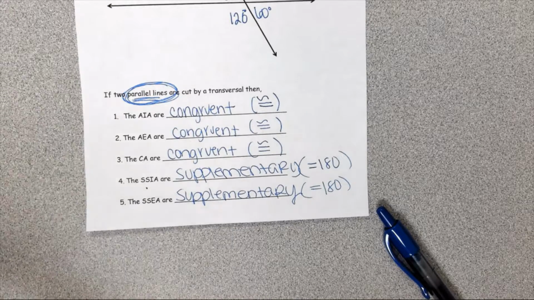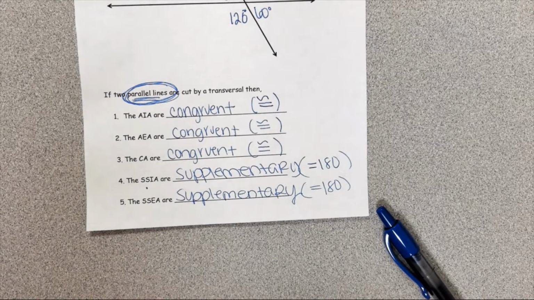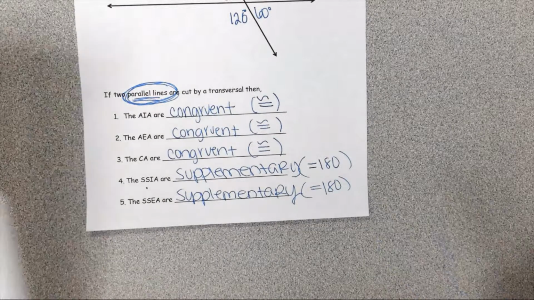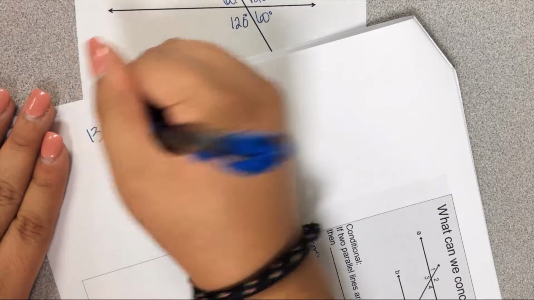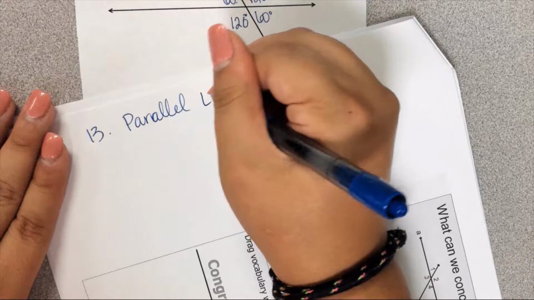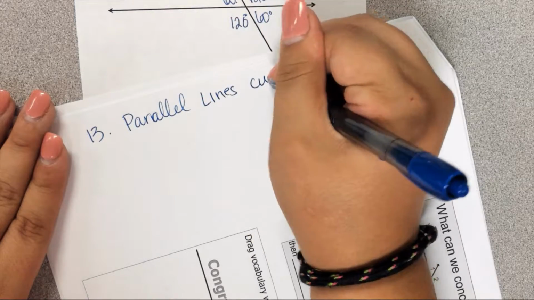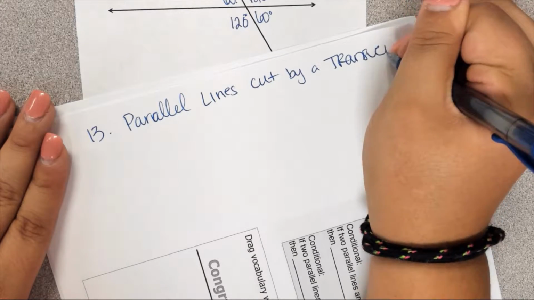You can tape this in here. I would like you to make a new note page, so we should be on page 13. Go to page 13, and we are going to title page 13 Parallel Lines Cut by a Transversal.